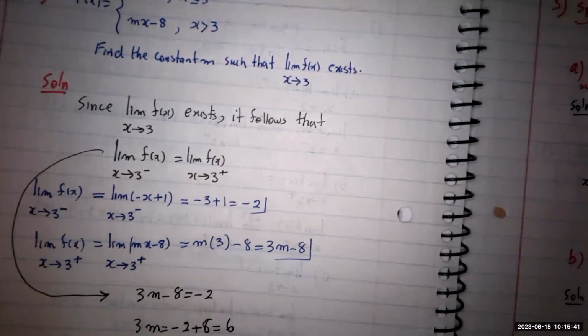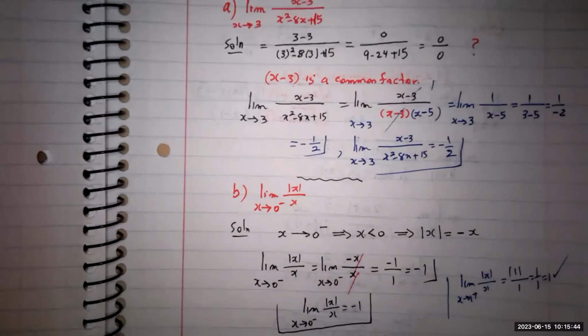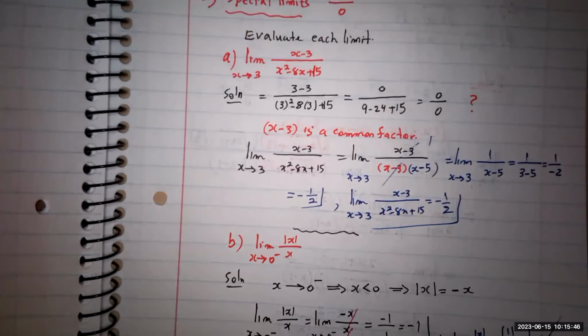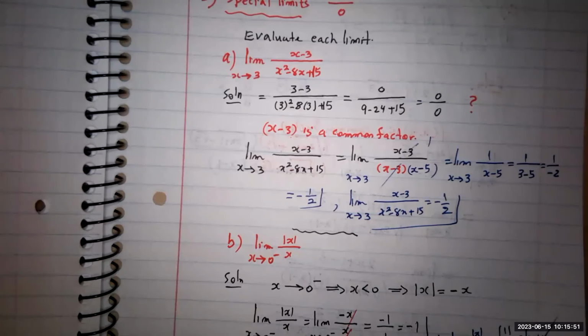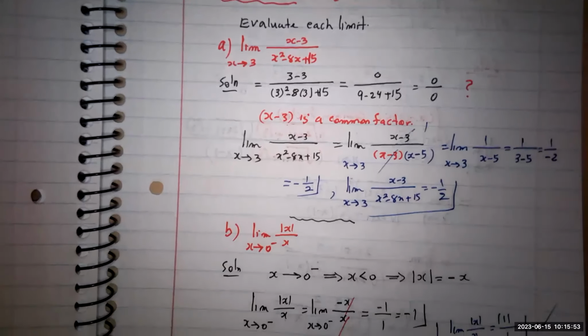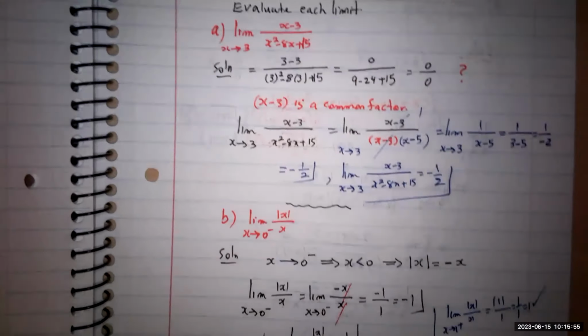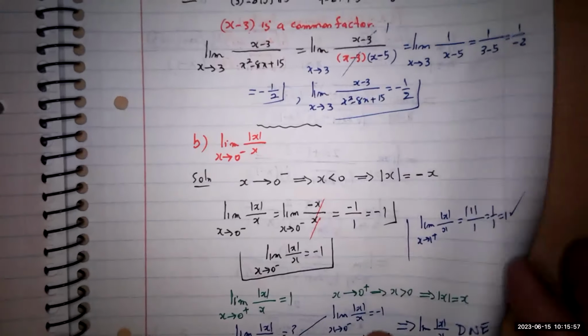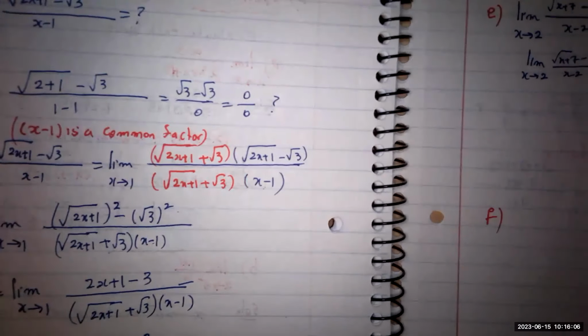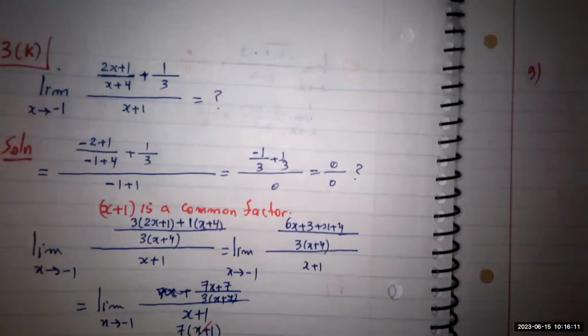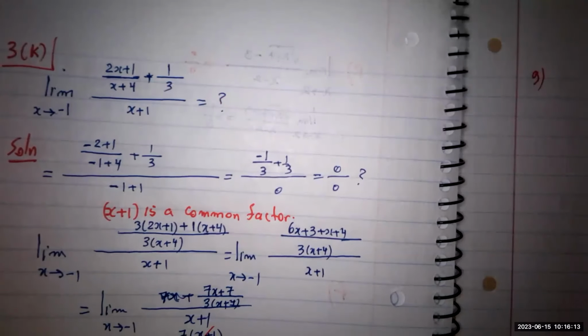That's the first one. Second one, special limits. We break it into 3 different problems. We get the case 0 over 0 when we get polynomials, the case 0 over 0 when we get the absolute value, the case 0 over 0 when we get the radical function, those conjugates that we talked about, and the case 0 over 0 when we get rational functions.